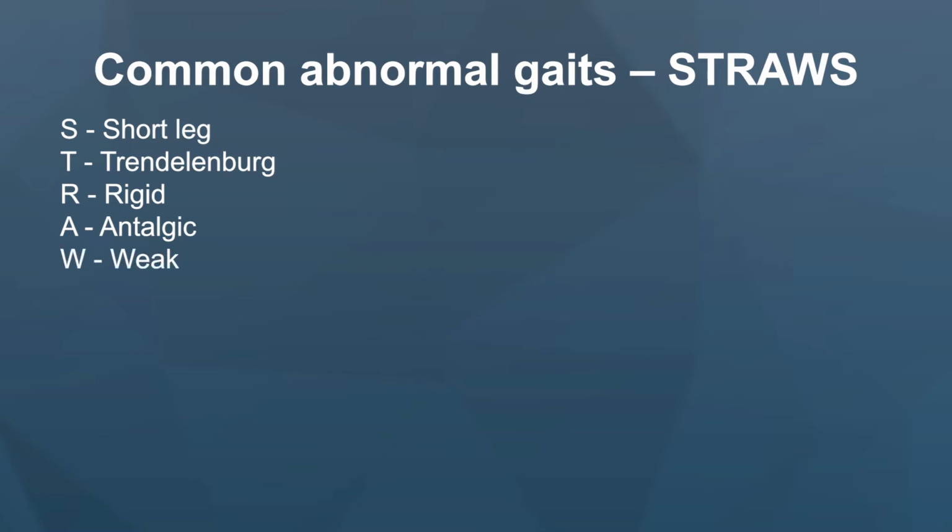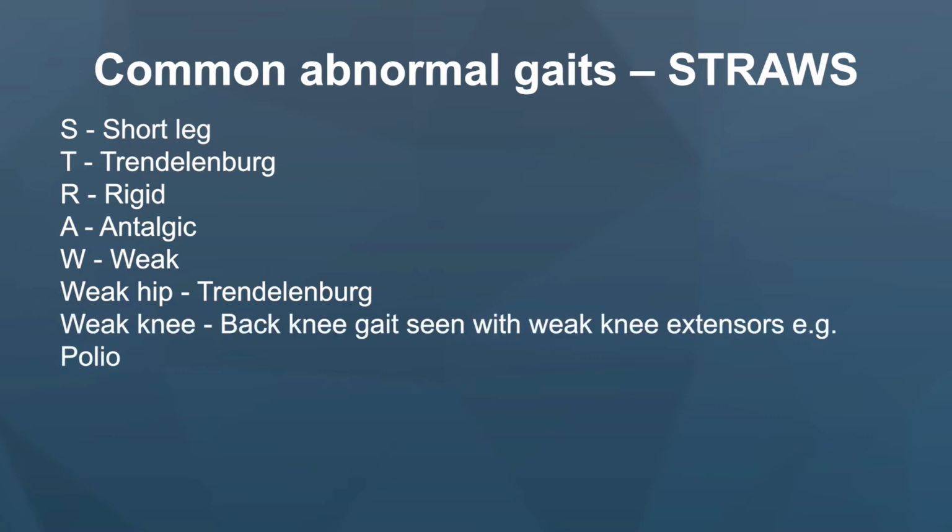W for weak. Location or joint involvement dictates the weak gait patterns. For example, a weak hip gait, such as in a Trendelenburg, will result in the swaying and bobbing. Polio patient often presents with backlocking of the knee due to weakness of quadriceps.